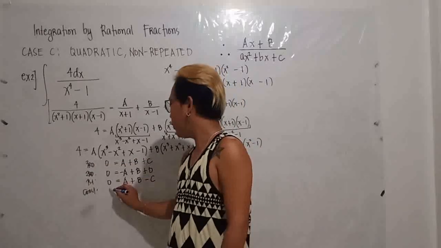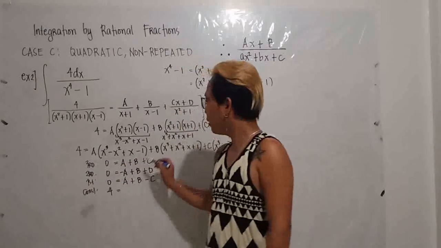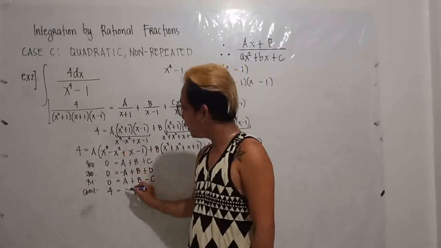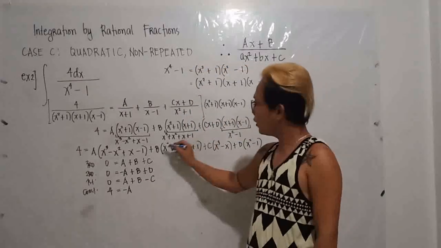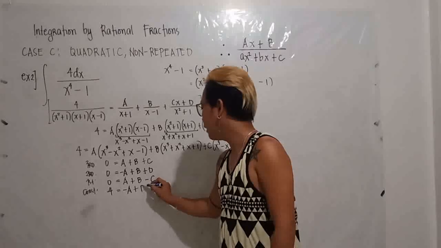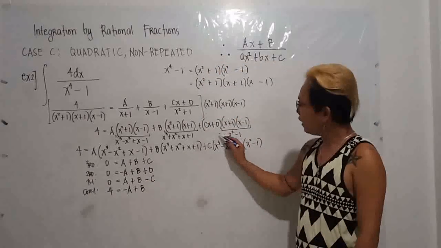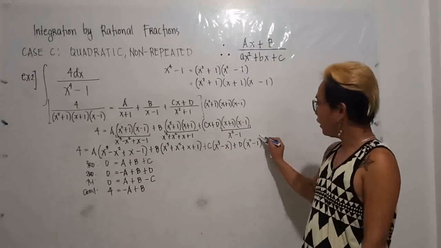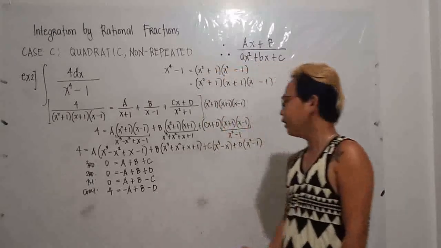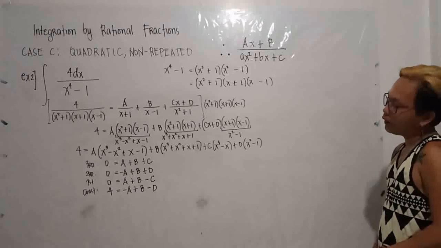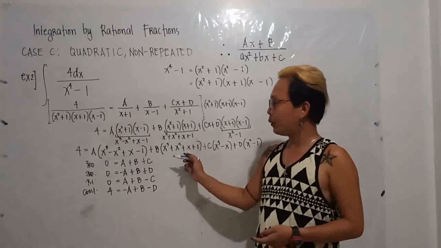You will have 4 equals, this is negative 1, so you will have negative A. This is positive 1, so you will have plus B. C doesn't have any constant, then kay D you will have negative 1, so that is minus D. So you will have your 4 equations with 4 unknowns.